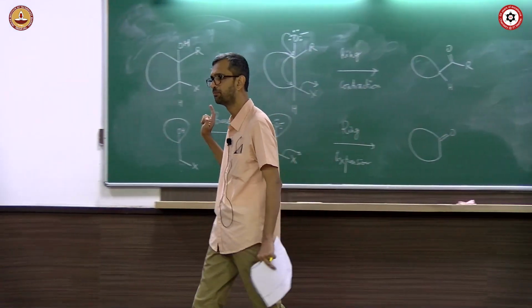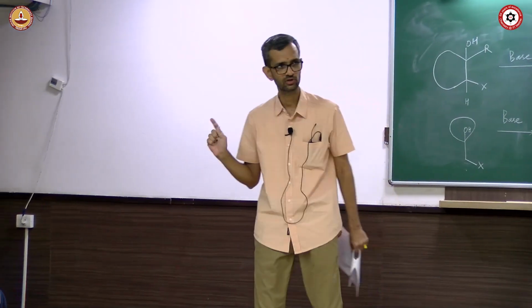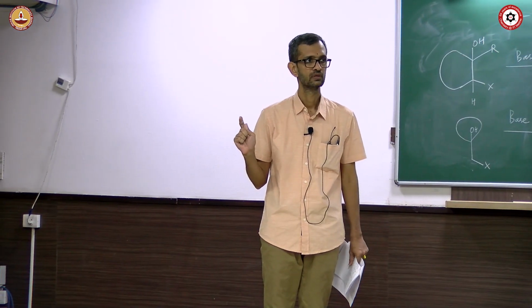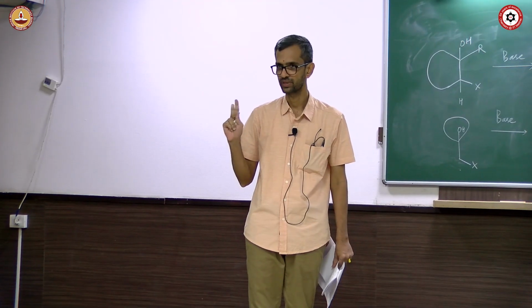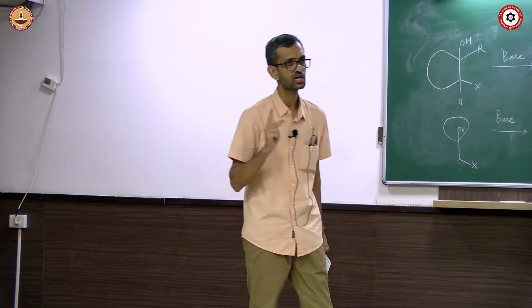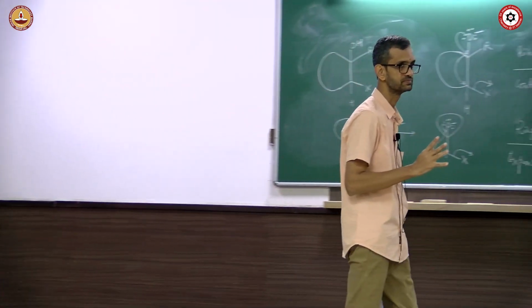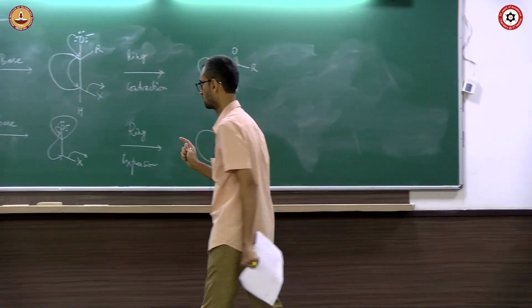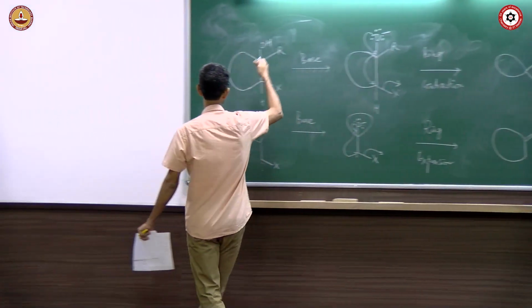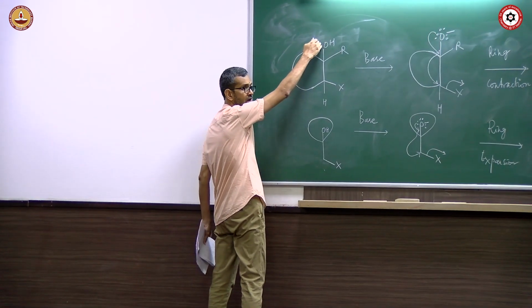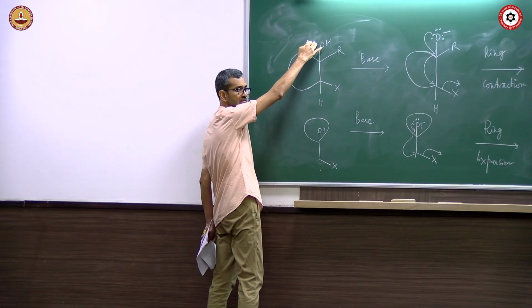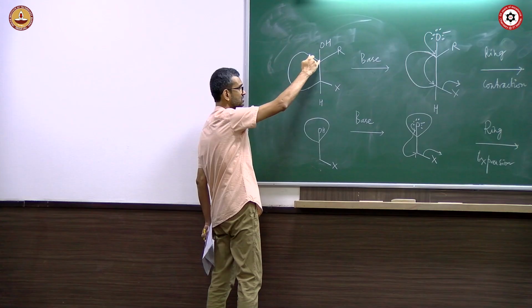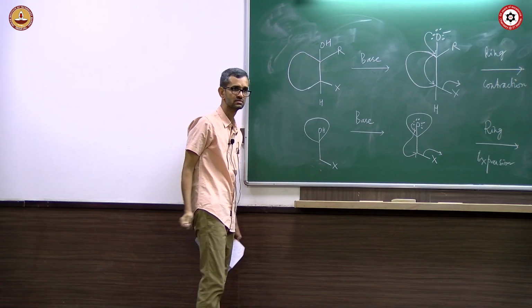Okay. In both the cases, if you look carefully, there are 2 events that have happened. Both are of SN2 type, right? What is the first event? The oxygen lone pair falls back, pushing this CC bond.